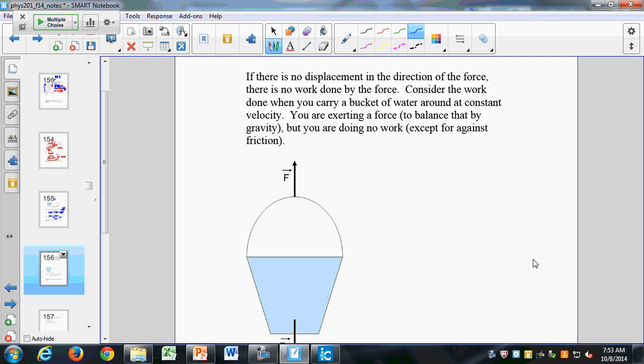Deep thought. Anyway, imagine that you're just carrying these buckets of water around, and I'm applying a force in the y direction, but I'm moving at a constant speed in the x direction. In that case, I'm not doing any work on the object because the force I'm exerting to hold it up is up, but my displacement is in the x direction.